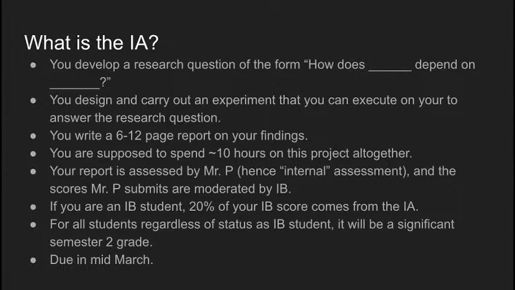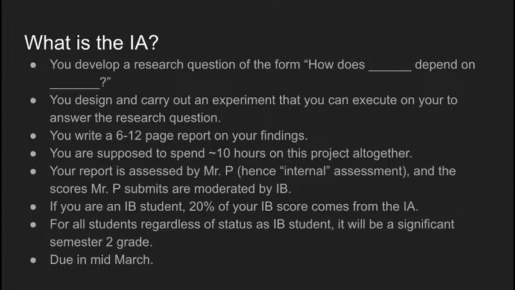So they're going to say, we want to see student X's report. And they'll look at student X's report and they'll say, well, Mr. P, you gave this a 20 out of 24, but we think that it's only an 18 out of 24.